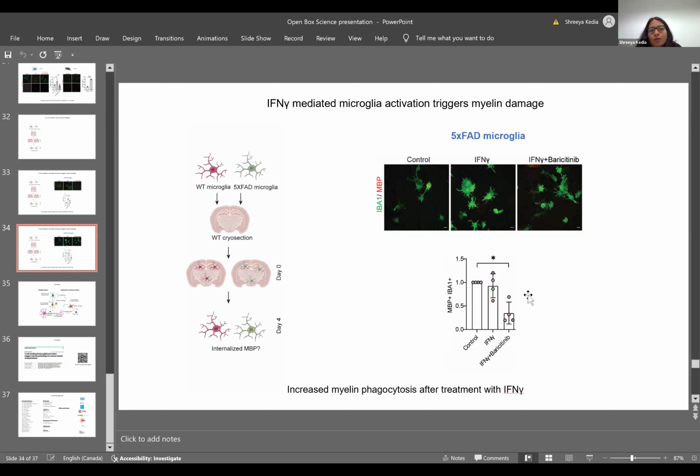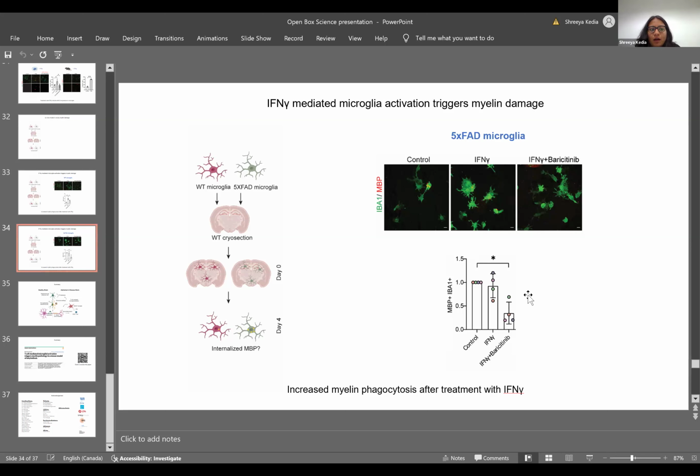What we are seeing right now with our stuff is that they can induce a lot of myelin damage and oligodendrocyte damage. And we need to further look into what exactly this damage means, because this is something we haven't been able to do so far with this model: how bad is this damage and what are the consequences of it.